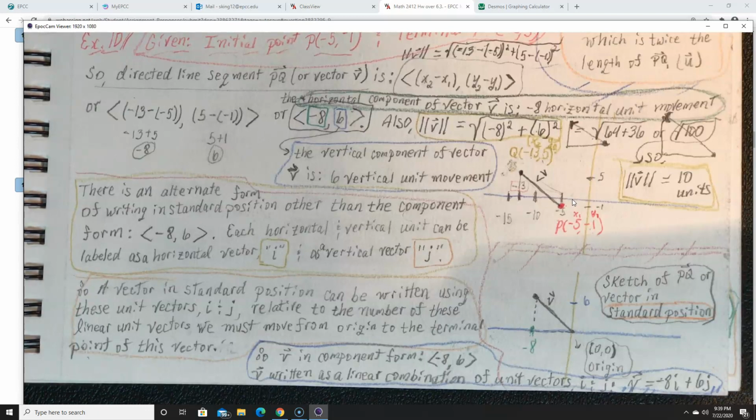So to be really formal about everything, and it really doesn't make that big of a difference, this directed line segment, you can move the initial point, as I just mentioned, anywhere you want on this entire coordinate plane, and then create an equivalent directed line segment by simply picking a point somewhere, move 8 units to the left, upward 6, and connect it. And now you have another directed line segment that's equivalent to this one.